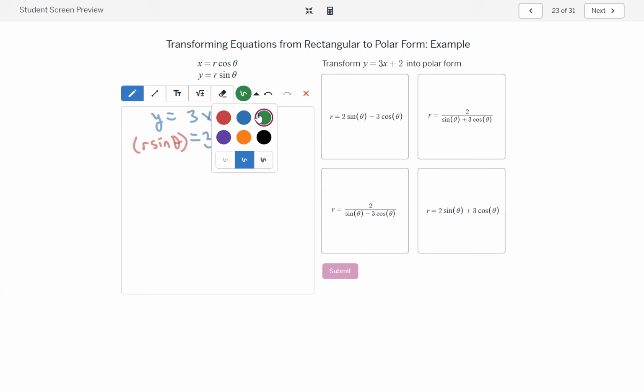And in place of x, I'm going to write r cosine theta. So I just made those two direct substitutions for x and y. Now, technically, I have a polar equation, but that's not one of our answers. And I can't type this into WebWork. WebWork will be like, no, I hate you.